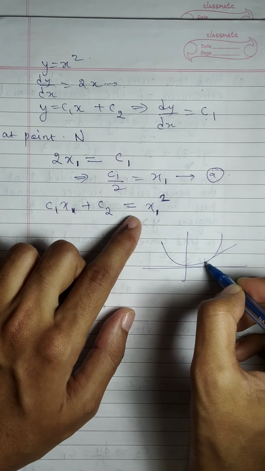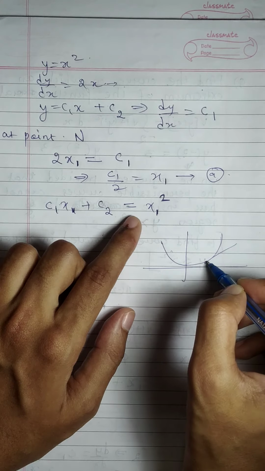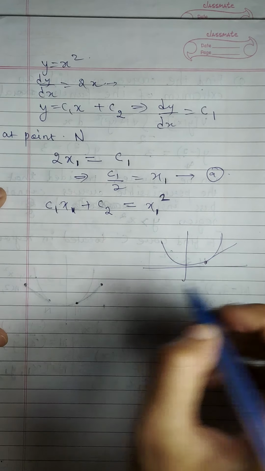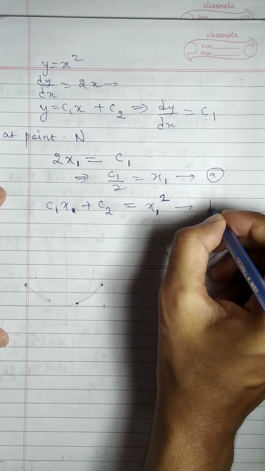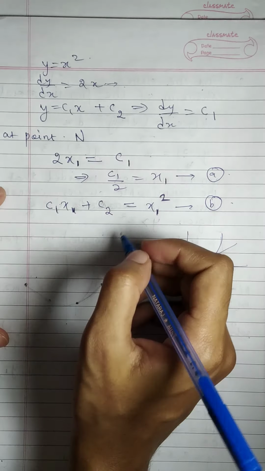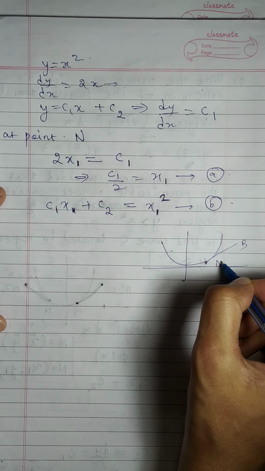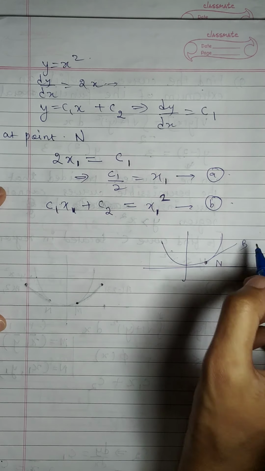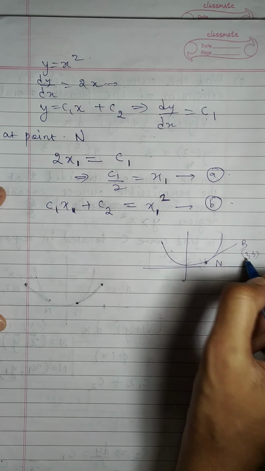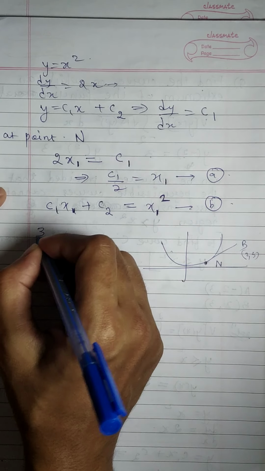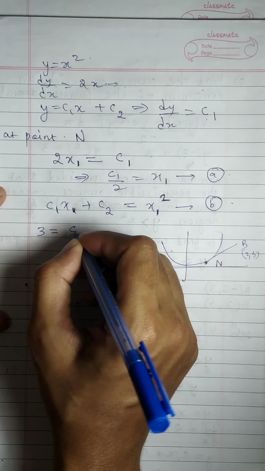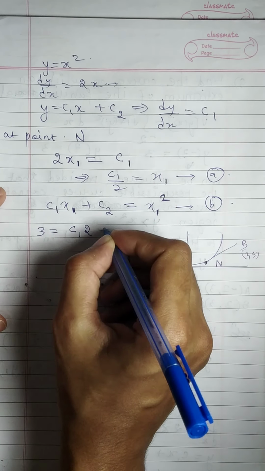And because BN passes through the point 2, 3, we will get the equation 3 equal to c1 into 2 plus c2.